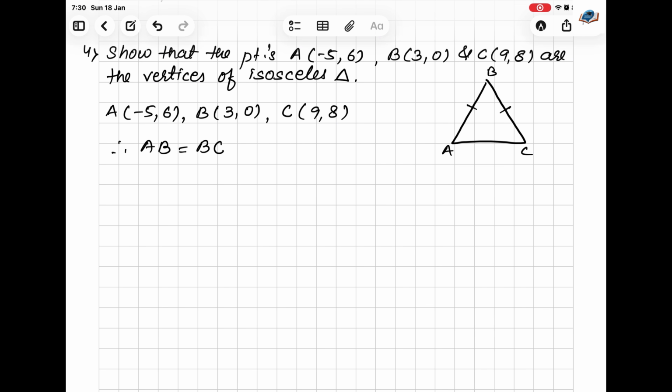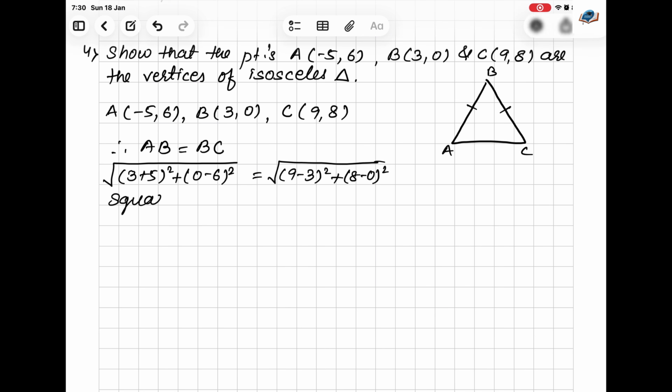So again using the distance formula, I will have (3 plus 5) whole square plus (0 minus 6) whole square equal to (9 minus 3) whole square plus (8 minus 0) whole square. So squaring both sides, the roots will be gone.